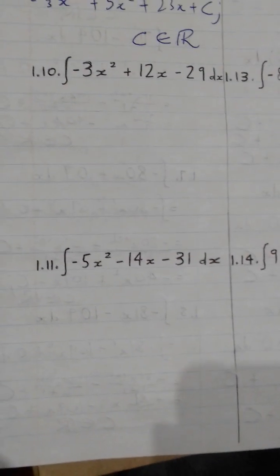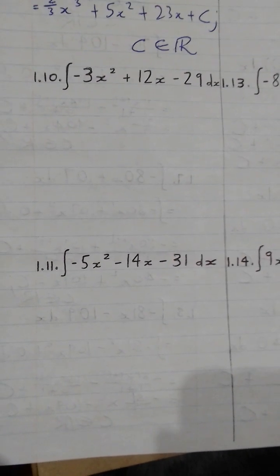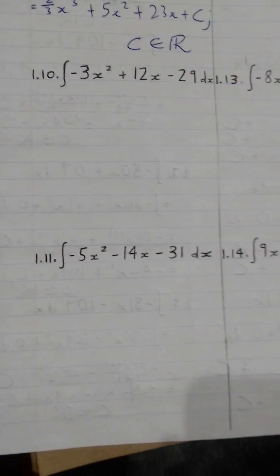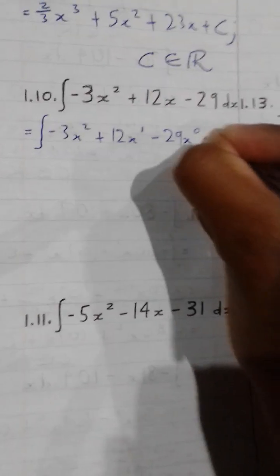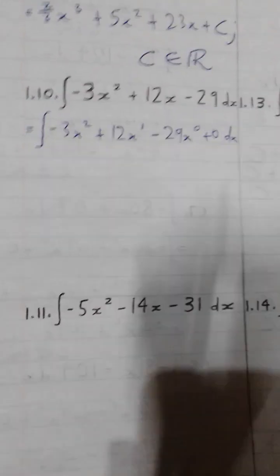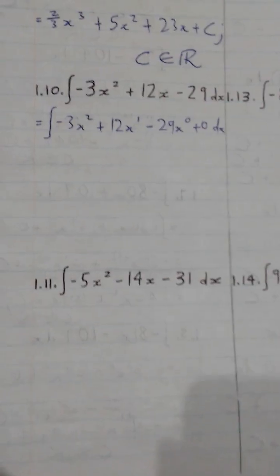1.10, the integral of negative 3x squared plus 12x minus 29 with respect to x. The integral of negative 3x to the power of 2 plus 12x to the power of 1 minus 29x to the power of 0 plus 0. And then you drop the integral sign as well as dx.